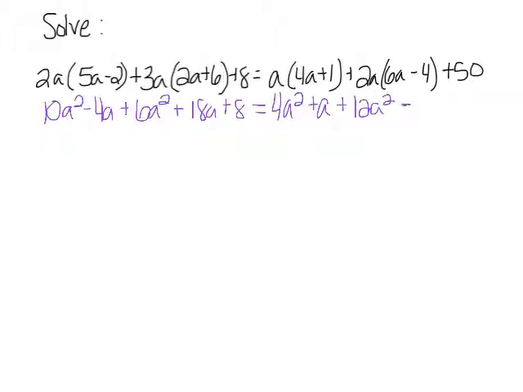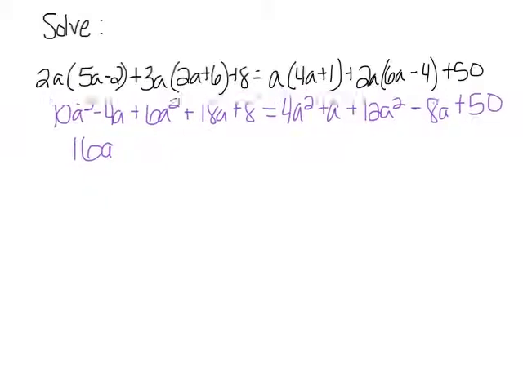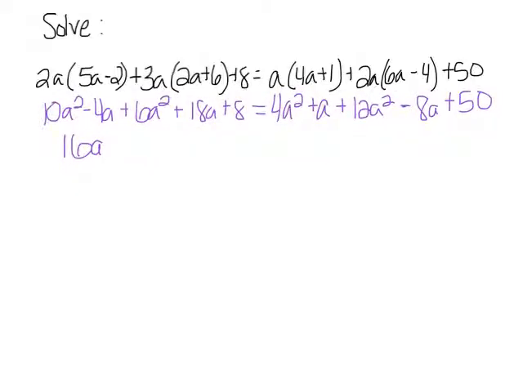minus 8a plus 50. And then I'm going to combine my like terms on both of the sides. So a 10a squared plus 6a squared becomes a 16a squared plus 14a plus 8.